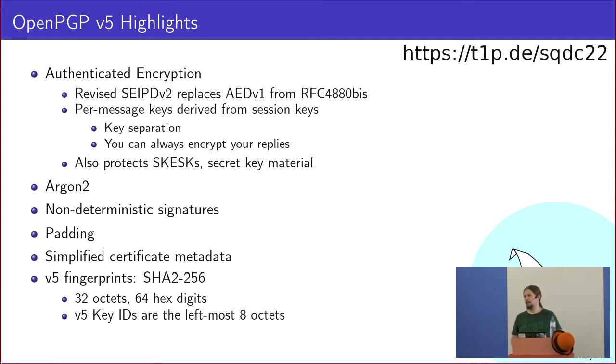First, you get key space separation between AEAD modes and ciphers, meaning you prevent cross-grade or downgrade attacks. And because we KDF in a salt, in the future, if you get an encrypted message, you will always be able to reply to the message encrypted, even if you don't have the sender's certificate, which I think is one of the main features.